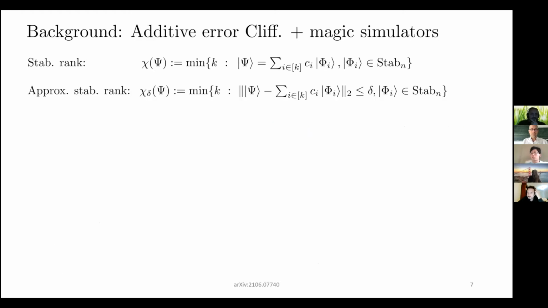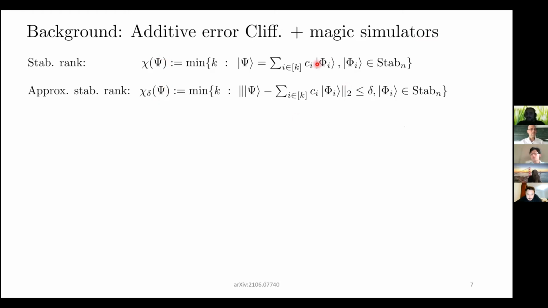Okay, so if we start considering additive error Clifford plus magic simulators, then a more natural notion to think about is the approximate stabilizer rank. This is basically a robust version of the stabilizer rank.